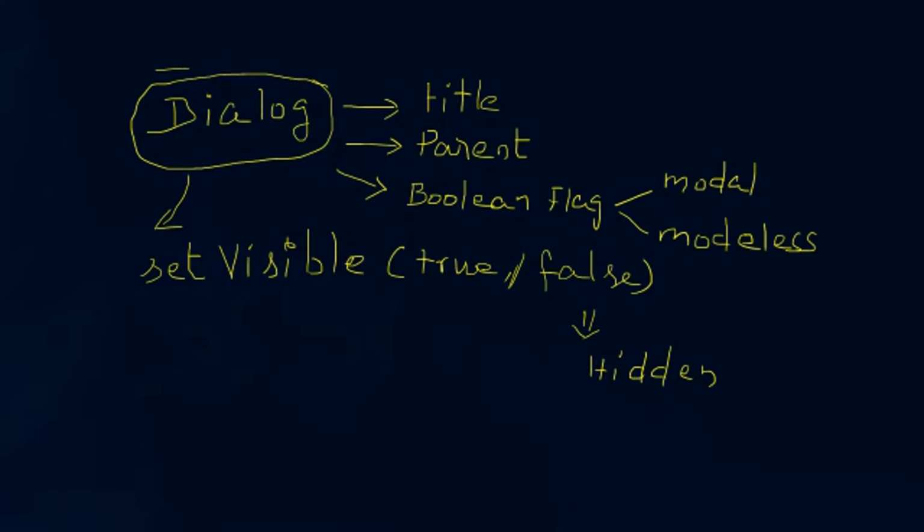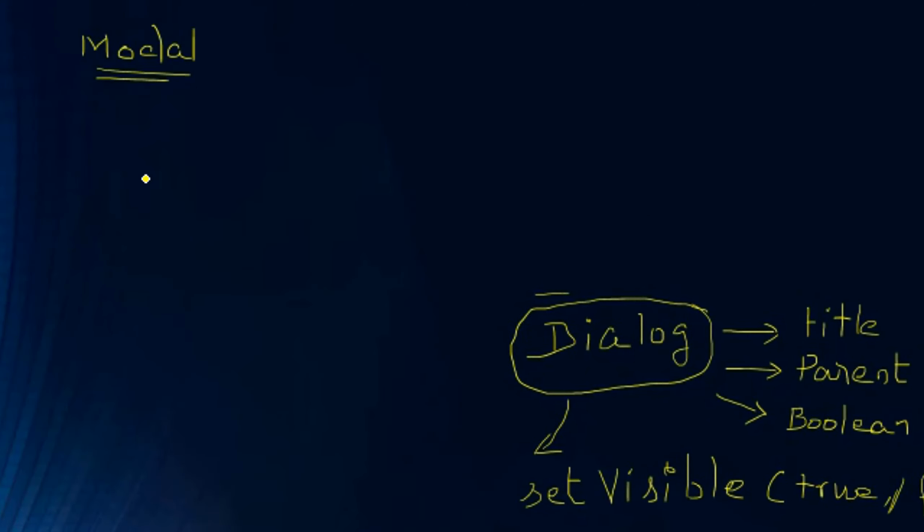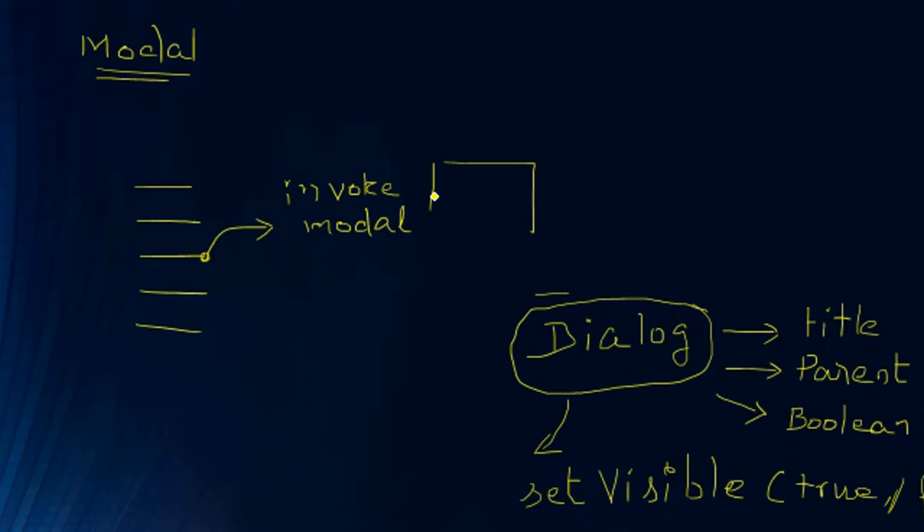We are talking about modal and modeless, right? So let us say that we have some piece of code. When you invoke the AWT dialog as a modal dialog, the execution flow will come here.